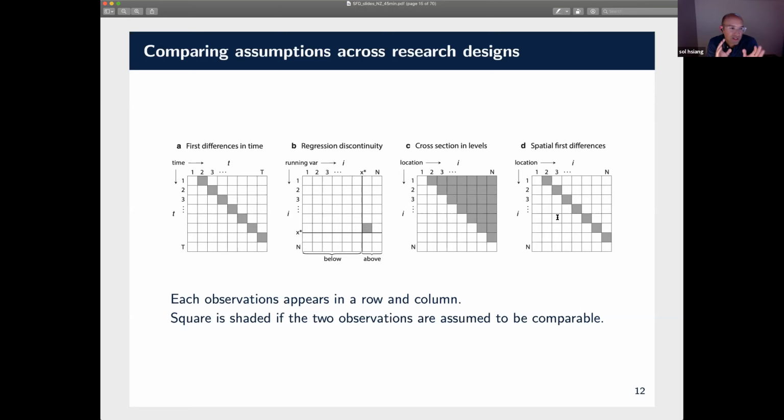Excellent question. If you wait a little bit, I'll show you some two-dimensional examples. But one element of this that is interesting is that once you go to two dimensions, there's a lot of choices you can make in terms of how you assign neighbors. And that actually leads to ways in which you can take your data and make multiple estimates with the same sample of data. Because you could say, I'm going to compare east-west neighbors in one sample, and then I'll do it again, but only compare north-south neighbors, for example.